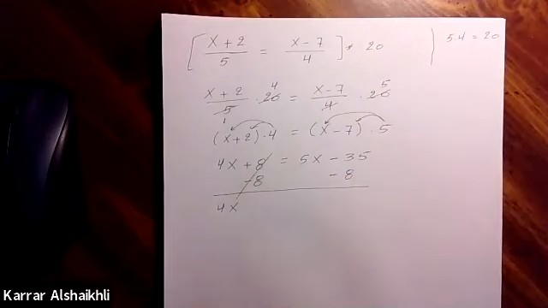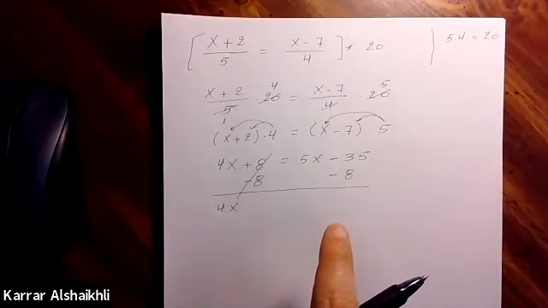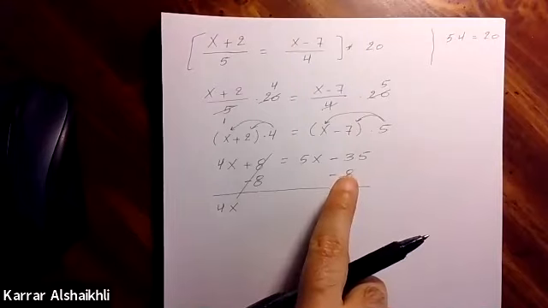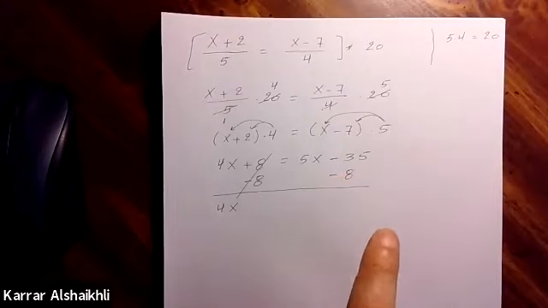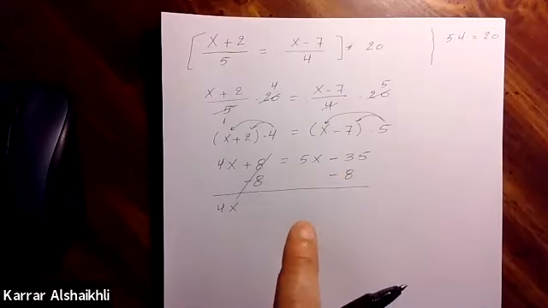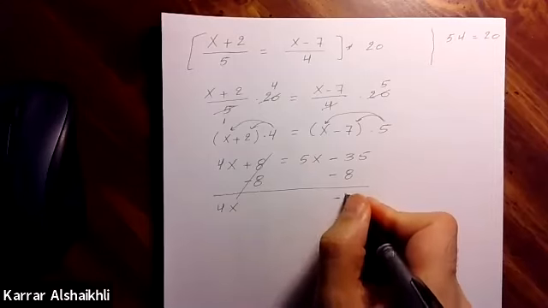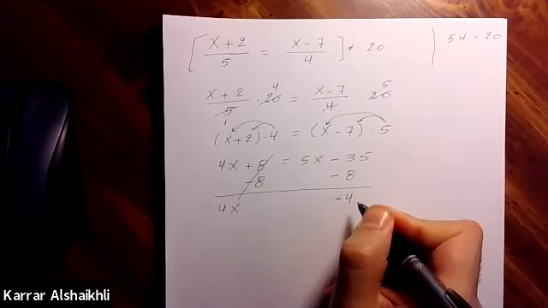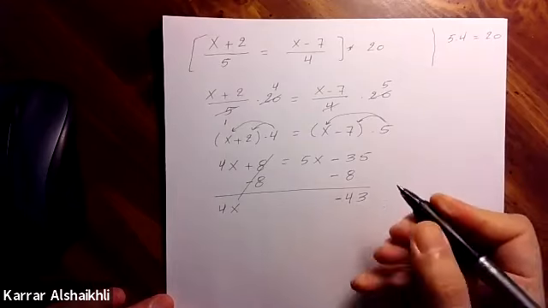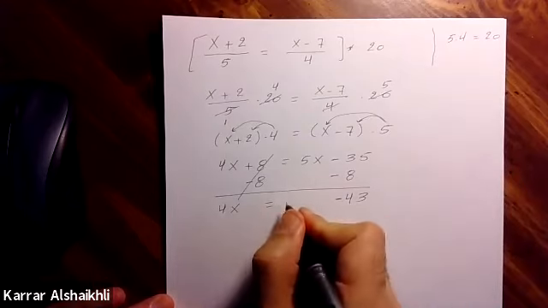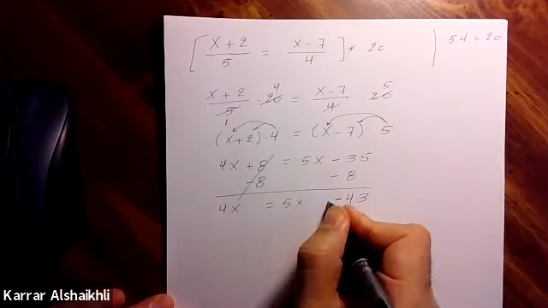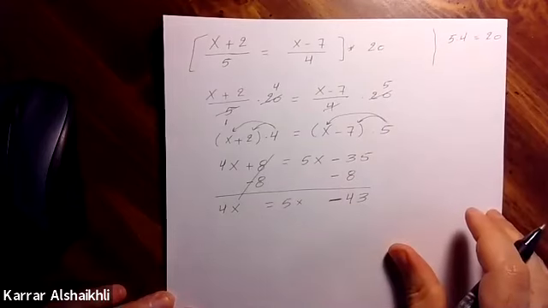And on the other side, you have negative 35 plus 8. 42. No, what? 43. Negative 43. And don't forget 5x. This is equal to 5x minus 43.